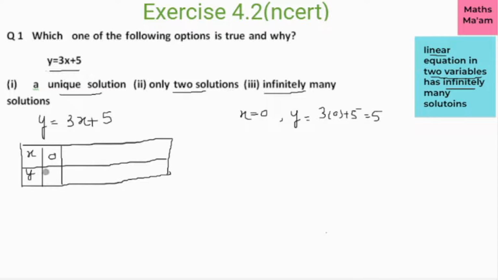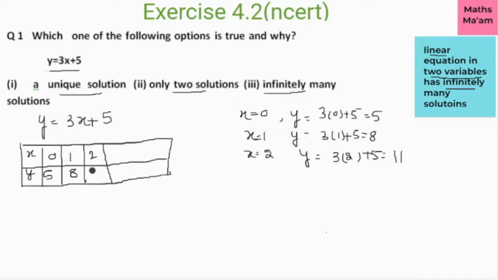So we'll write 5 here. If we put the value of x as 1, then we get 3 times 1 plus 5, which is equal to 8. Now if we put x is equal to 2, then we get 3 times 2 plus 5, which is equal to 6 plus 5, 11.